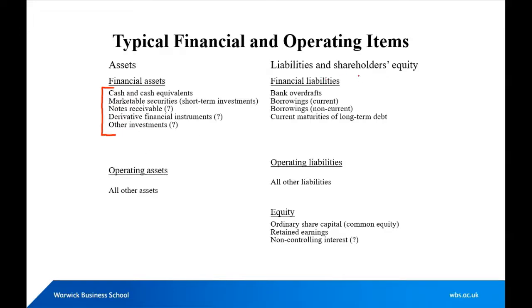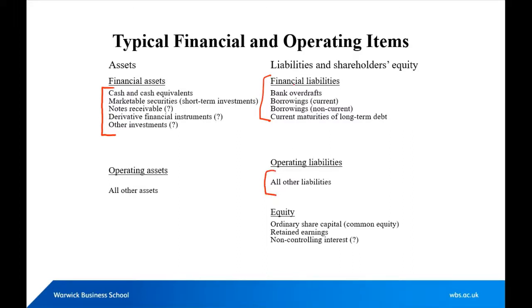And in the liabilities and shareholders' equity part, what can we do? We can separate the financial part: the bank overdraft, borrowings, non-current and current maturities of long-term debt. We take these for the purpose of financing, right? Other than these financial liabilities, we have some liabilities which will be considered operating liabilities.